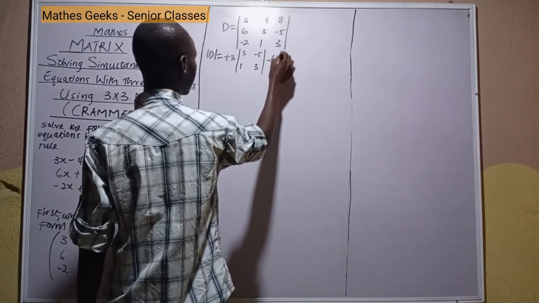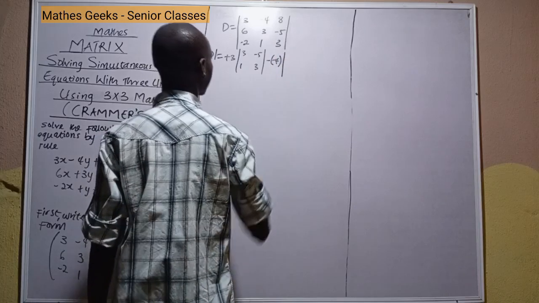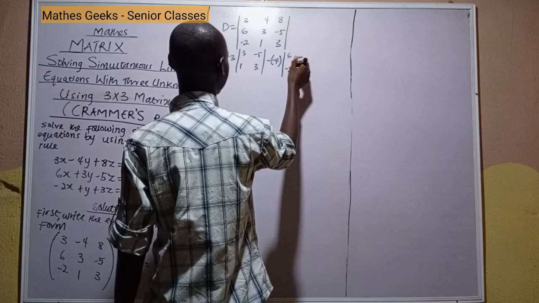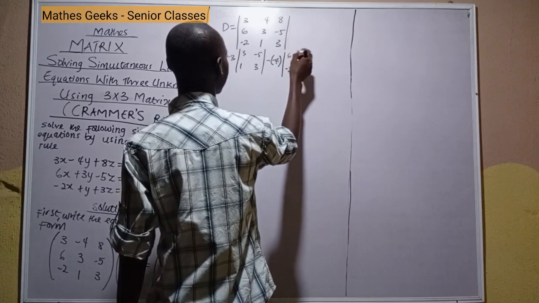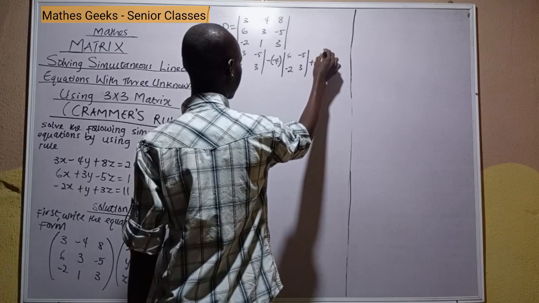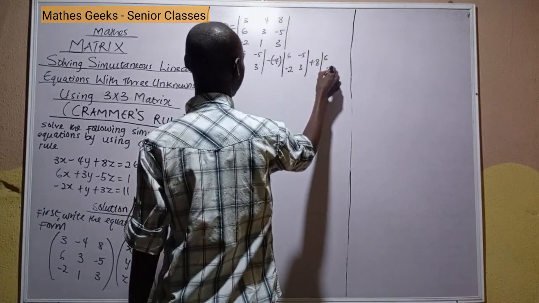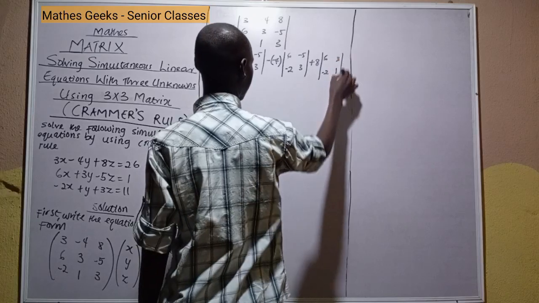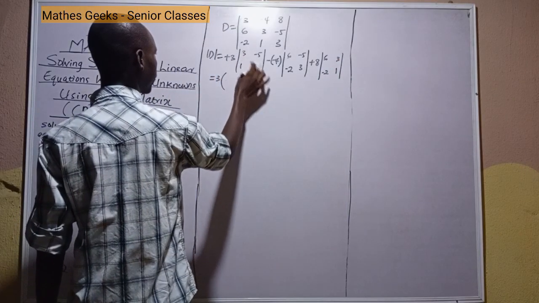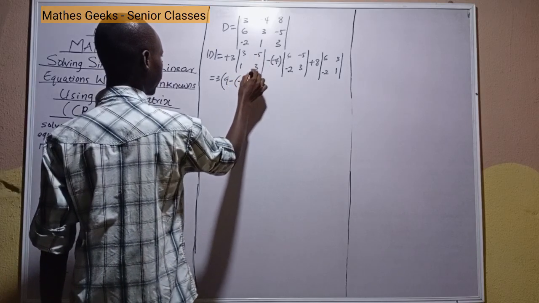minus 4 times the first row, second column minor, 6, minus 2, minus 5, 3, plus 8 times the first row, third column minor, 6, minus 2, 3, 1. So 3 times 3 is 9, minus 5 times 1 is minus 5.